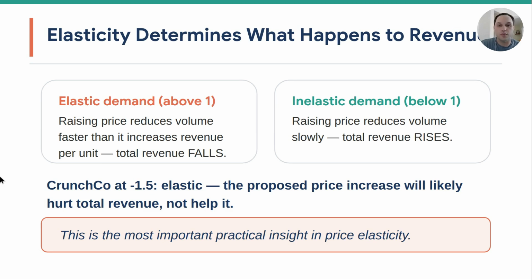You earn more per unit and you don't lose many units. Total revenue rises. For Crunchco at negative 1.5, the picture is clear. The demand is elastic, which means the proposed price increase will likely hurt total revenue, not help it. The higher price per bag won't compensate for the customers who stop buying.